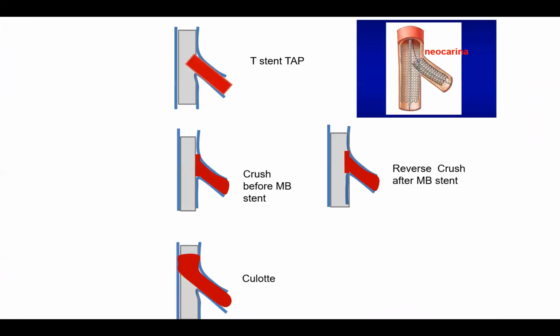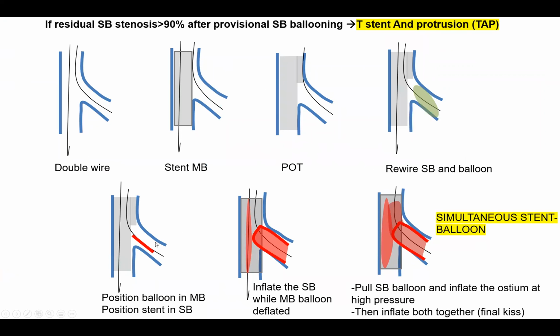The most important one is TAP, T and protrusion. So the way we do TAP is, after we've done POT, after we've done ballooning of that side branch, we advance a stent into the side branch and we advance a balloon into the main branch. Okay, the balloon is again sized as always. The main branch balloon, when you're doing double maneuvering, you size it to the distal main branch.